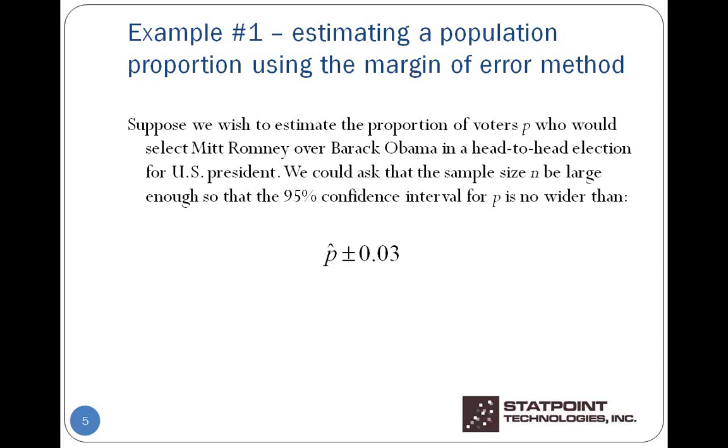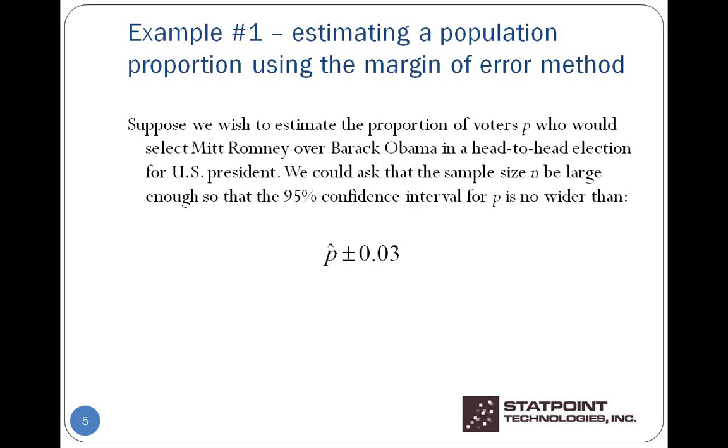One way of determining how many voters to ask, what sort of sample size we would need, would be to pick the margin of error that we were willing to tolerate. For example, you can imagine going out and asking some number of voters, who are you going to vote for, Mitt Romney or Barack Obama? And as a result of that poll, you'll come back and say, well, 53% said they would vote for Mitt Romney or something like that.